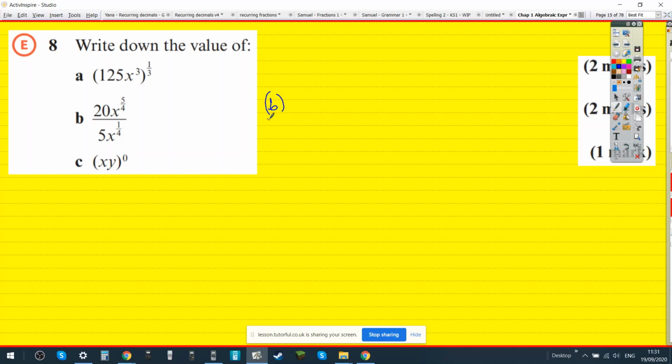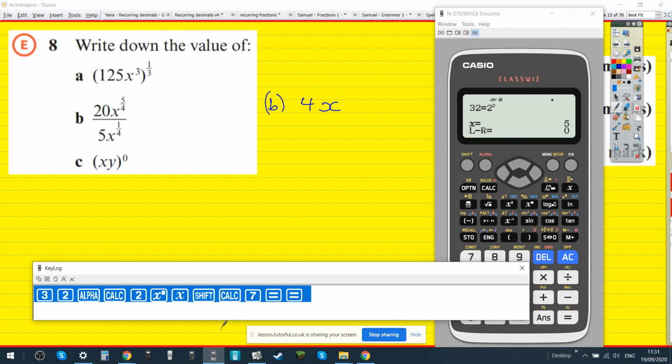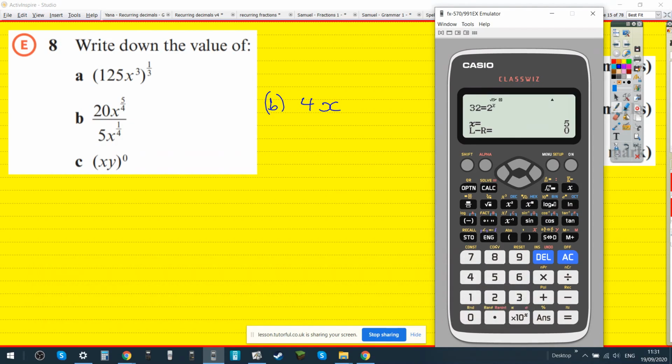So it'd be 4x to the power of something. And you can use your calculator. What's the rule for this one? Would you minus? Yep. Okay.